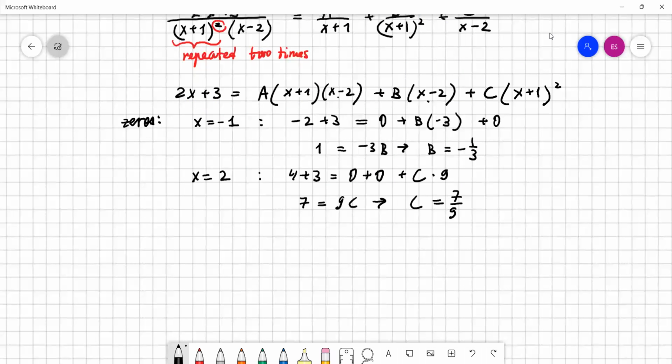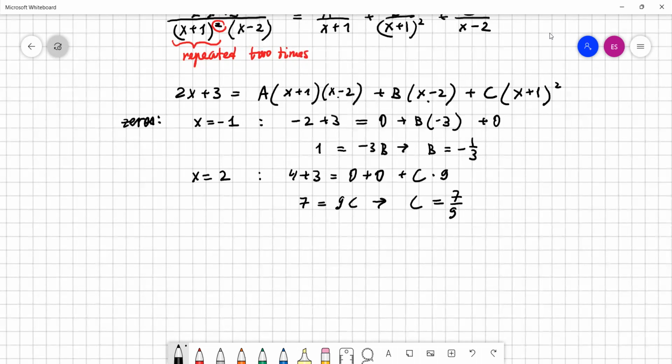Only one little question. I still need a, but I already used both, minus 1 and 2. What should I do? Well, guys, for a, because you don't have any extra roots over here, we can use any number. Because you already know b and c, you can just substitute them here.